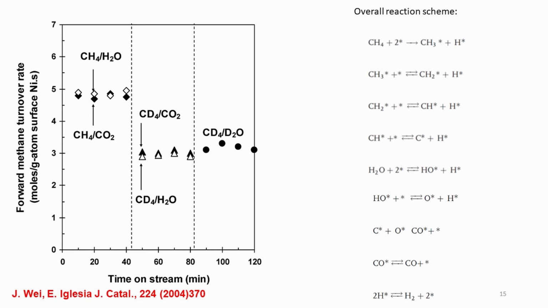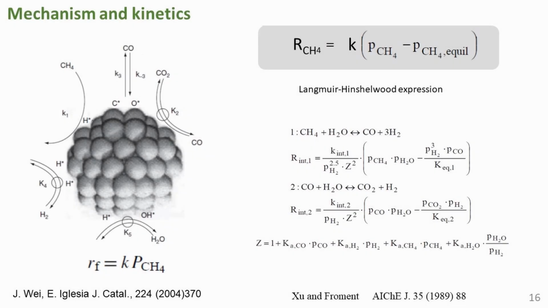CH4 and CD4 showed no formation of mixed isotopes, which would have been the case if the methane adsorption step was at equilibrium. Furthermore, Iglesia found no impact on the rate of other reactants. Similar results were observed on a number of group 8 metals.